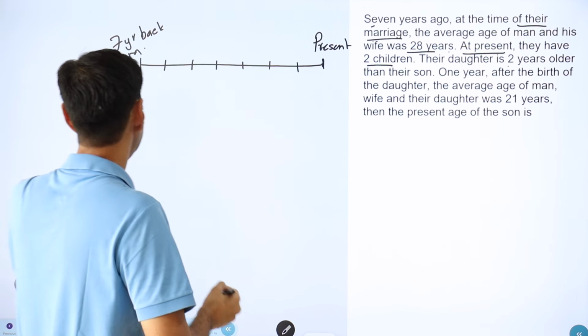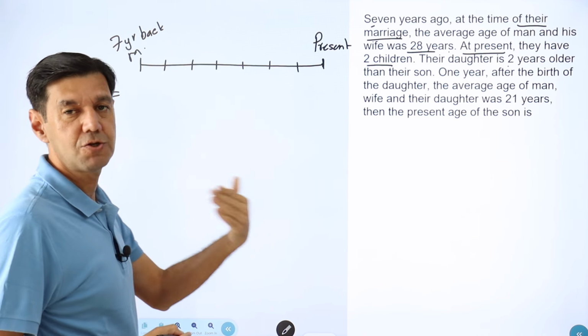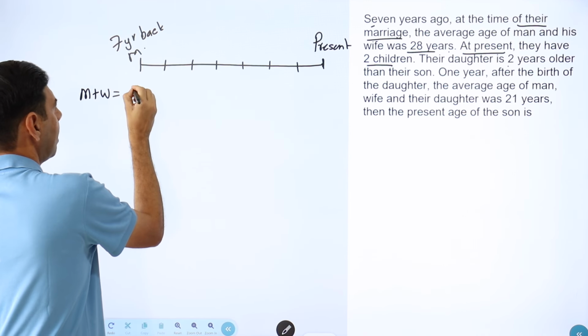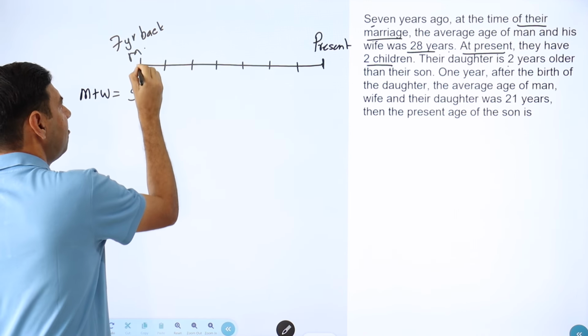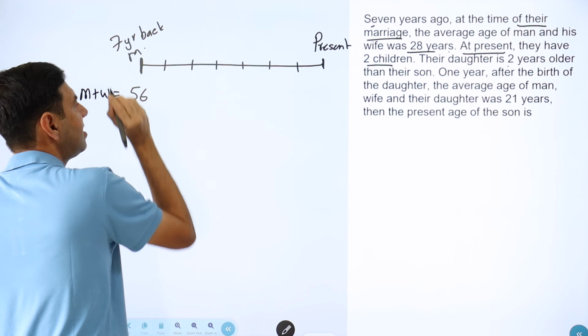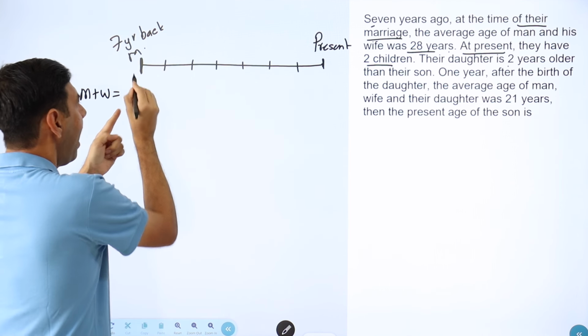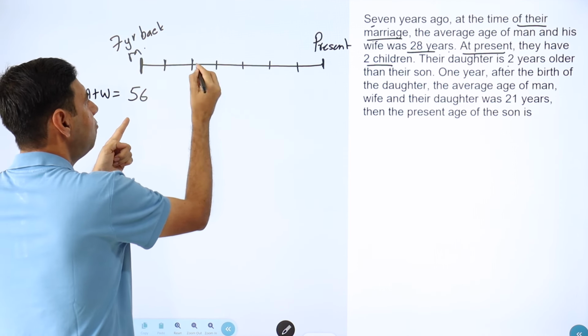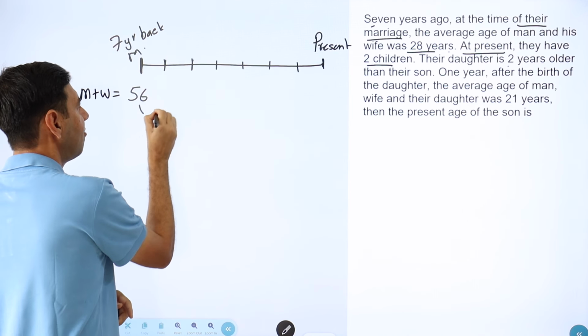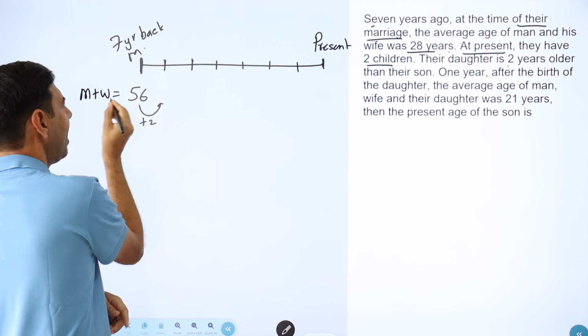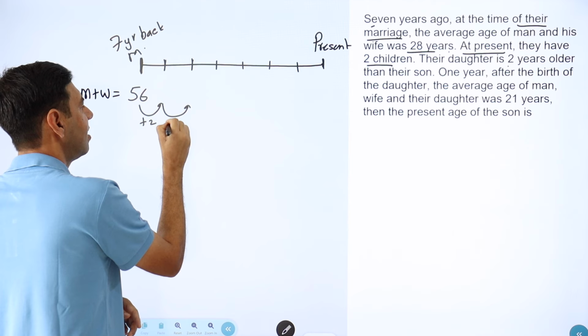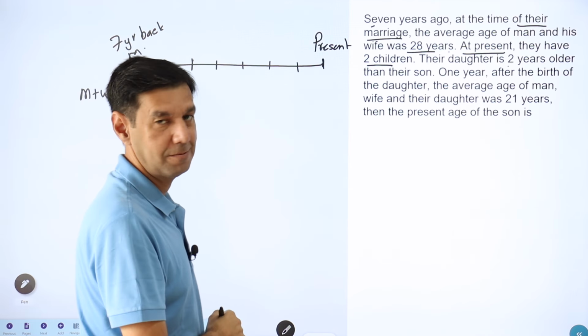So if I want to find the sum of the man and wife, it's going to be 28 into 2. So I'm directly writing 56. Now 56 was the sum in this year. Every 1 year that passes, the sum will increase by 2, because this is man and wife, right? So every year it's going to increase by 2 and so on.